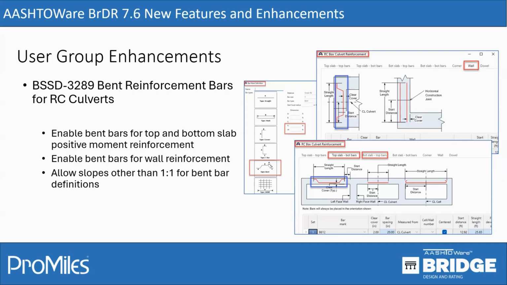That improvement was made along with this as well. And then additionally, we added the ability to put the slope for the bent bars at slopes other than 1-to-1. Previously, it was treated as a 1-to-1 slope for all bent bars. So this will give users a little bit more flexibility to model some different configurations here.